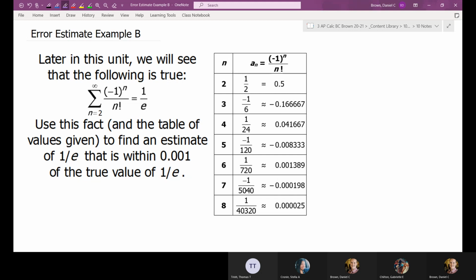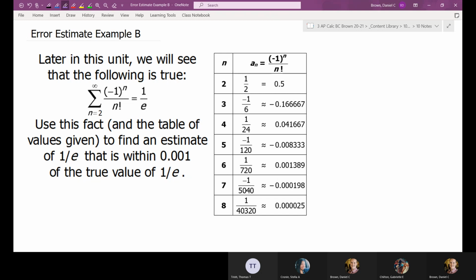And it says, use that fact and that table of values given to find an estimate of 1 over e that is within 0.001 of the true value of 1 over e. Now I know we have calculators, and you can just type in 1 over e. But let's use the idea of the theorem to help us out.